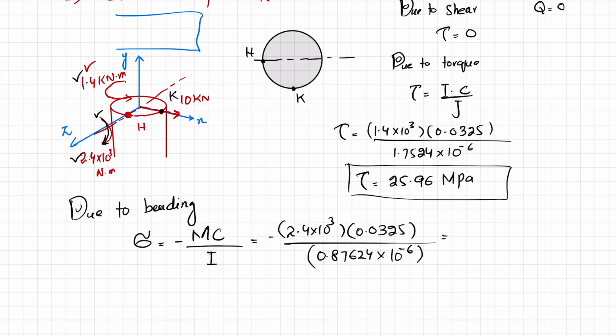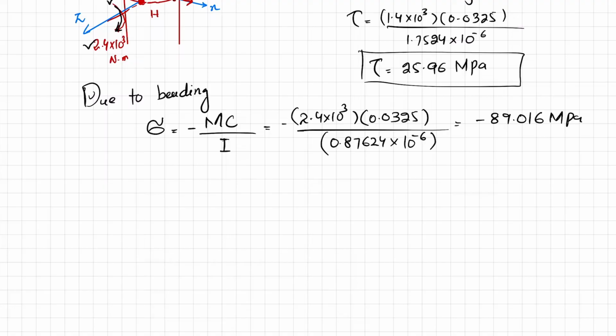So from here you will get bending stress as minus 89.016 megapascal. Now if you represent it as a two-dimensional state of stress on an element, you can see that stress is negative, so it shows that this is compressive. Clear?